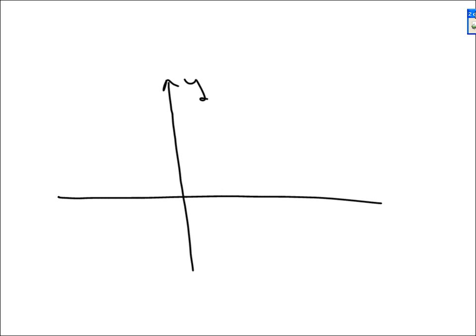What if you're a point on the y-axis? Here's your y-axis, here is your x-axis. 1, 2, 3, 4. What is this point right here? Well, remember, here is your x-axis.